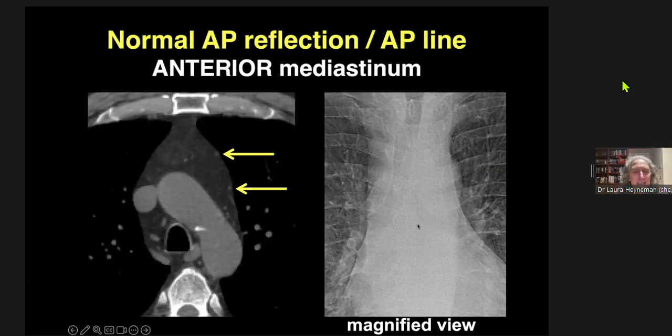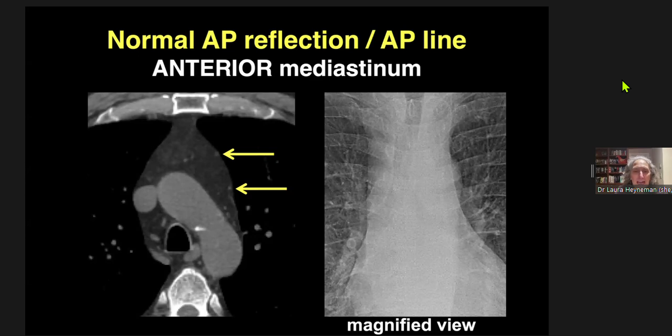The AP line represents the junction, or the interface, between the left lung and the anterior mediastinum. And based on this cross-sectional image, you can imagine that in a frontal radiograph in which the X-ray beam is going either AP or PA, that interface between the lung and the anterior mediastinum should project medial to the most distal aspect of the arch.